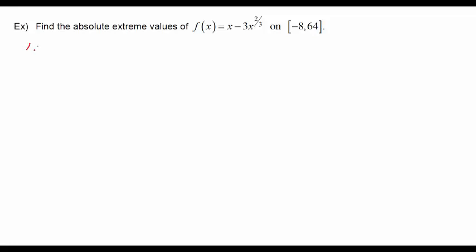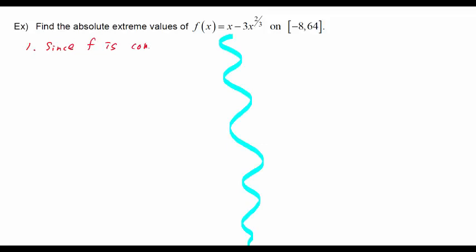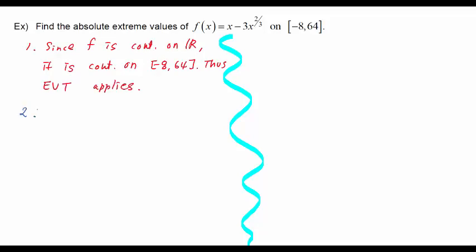So step 1, since f is continuous on R, it is continuous on -8 to 64. Thus, EVT applies. Step 2. Now you're going to find the critical numbers, and to do that I need to find the derivative. What's the derivative of x?